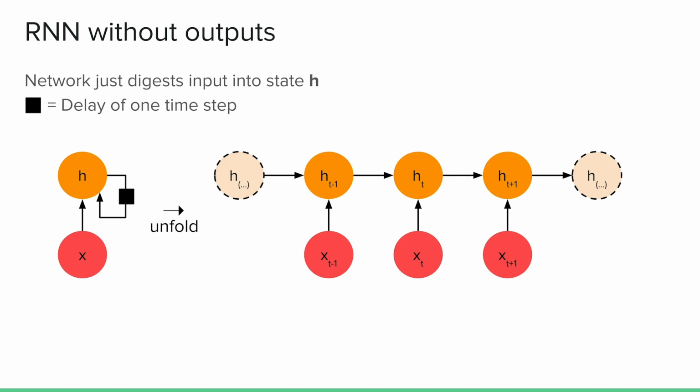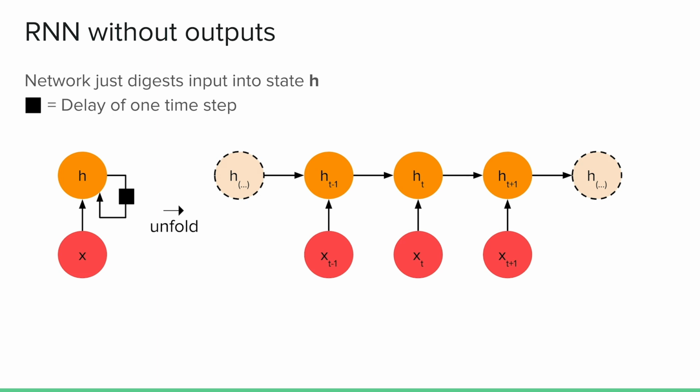We have a so-called hidden state. I haven't defined that term yet. Basically, the information that we have in our hidden units we call the hidden state. It is sort of the memory that we have in our network.